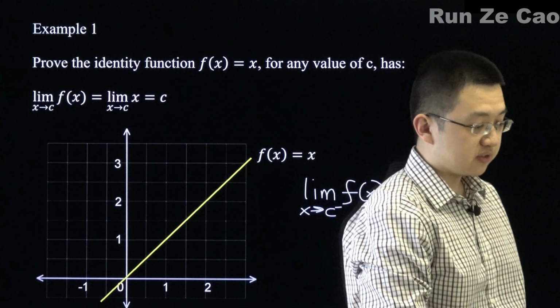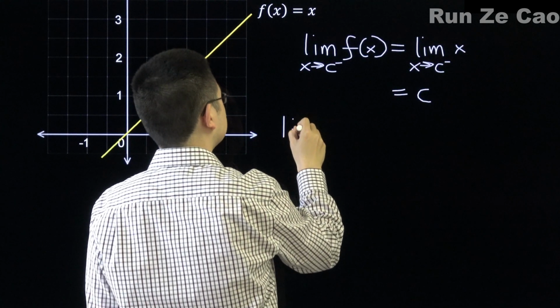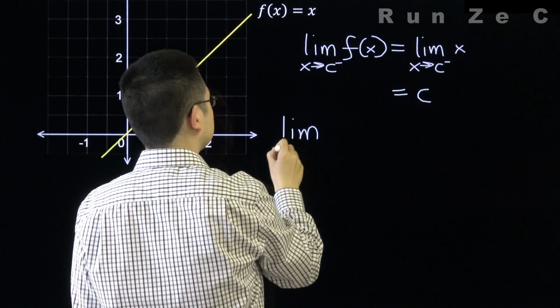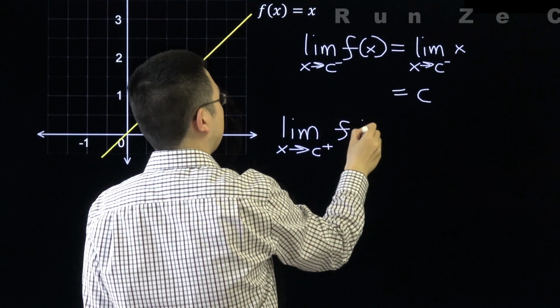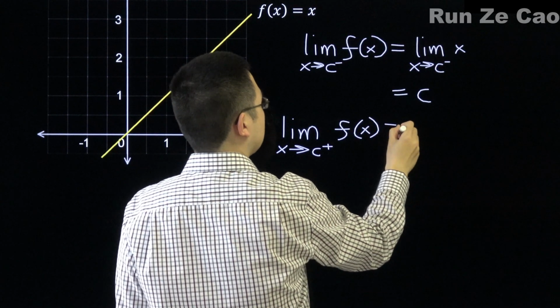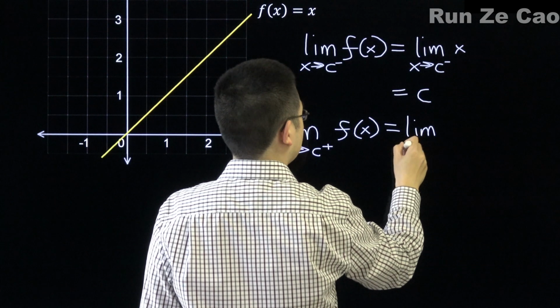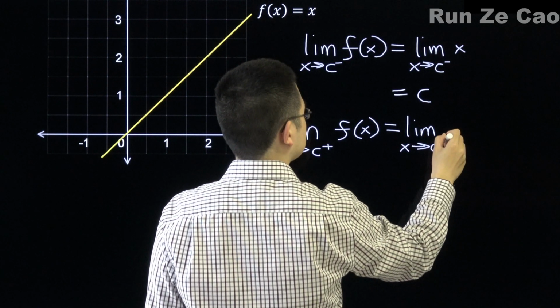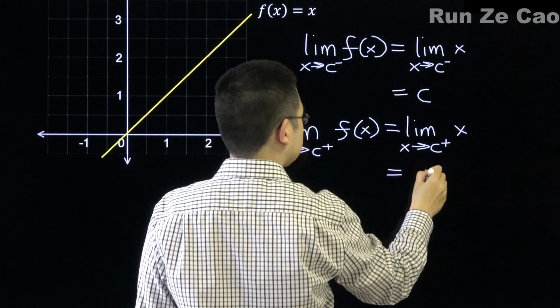What about from the positive side? Well, the limit as x approaches c from the positive side of f of x is equal to the limit as x approaches c from the positive side of x, which is equal to c.